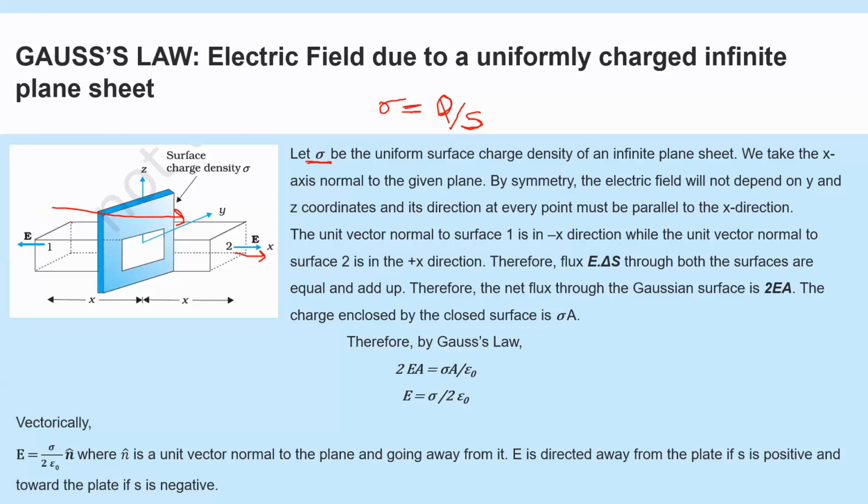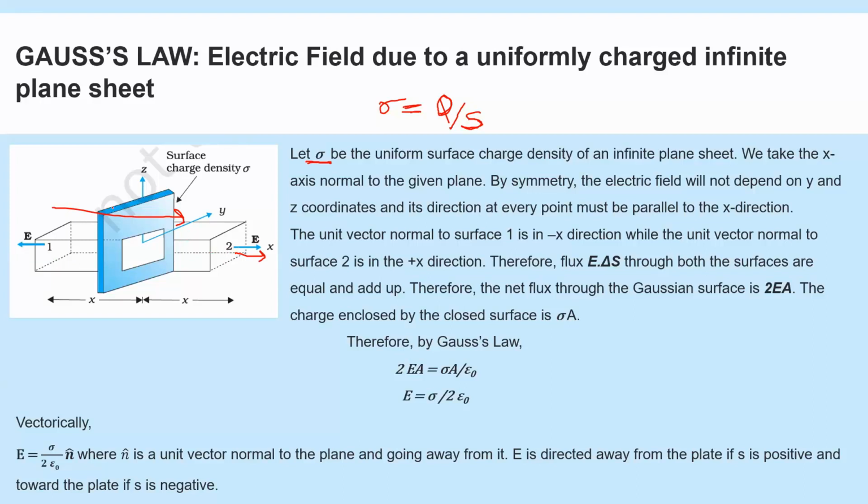If we consider surface 1, the electric field is in the negative x direction, and for surface 2, the unit vector that is normal to the surfaces is going to be in the negative x direction for surface 1 and the positive x direction for surface 2.